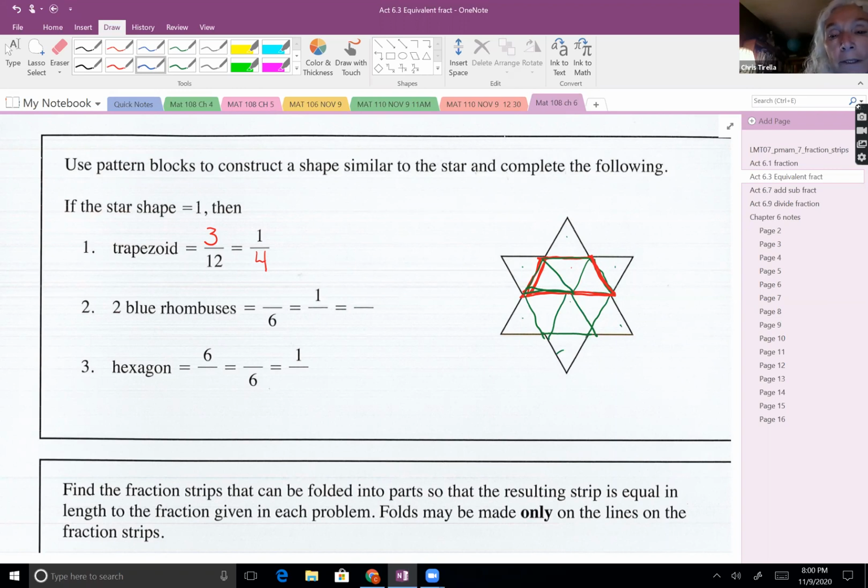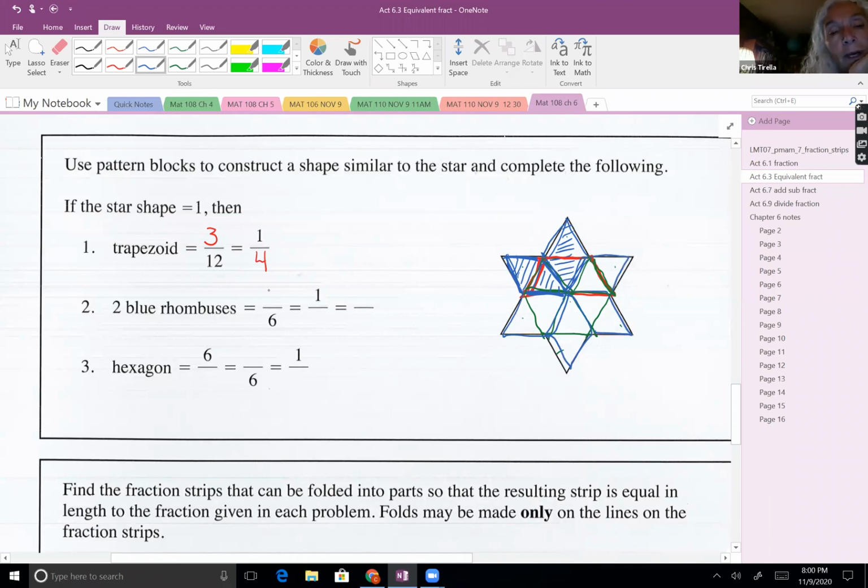Now, if I look at a single blue rhombus, it is like 2 of the triangles, but I don't want a single blue rhombus. I want 2 of them. And so let's see. If I look at those 2 blue rhombuses, wouldn't it take a total of 6 of them to fill in the whole star shape?